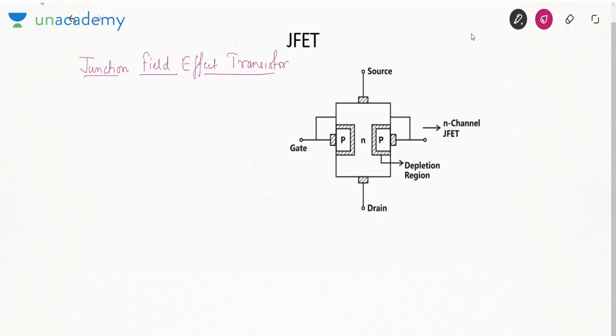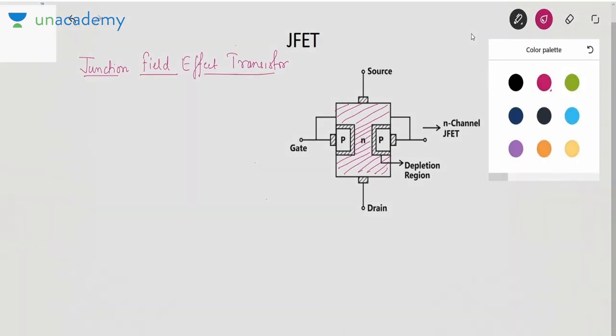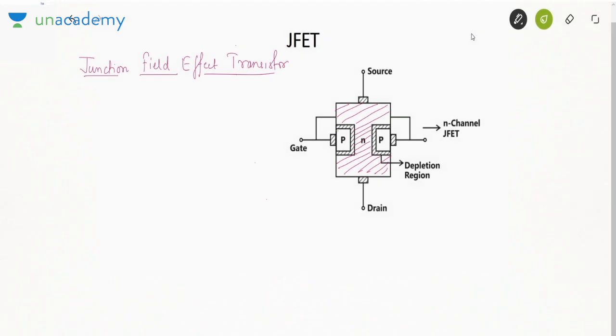Now see the construction. This entire region is N-type semiconductor. In this, there are two regions that are built as P-type. Now see, both the P-type regions are connected to the gate terminal.